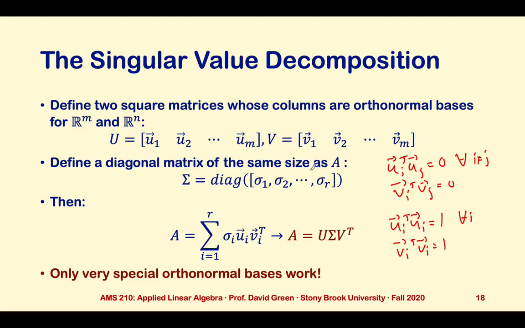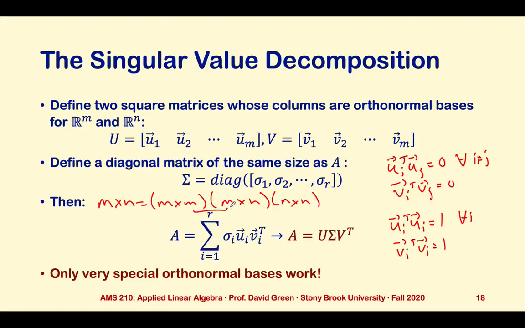We also define a diagonal matrix that is of the same size as A. This is important. The sizes are important. A is an M by N matrix. What we are going to devise is an M by M matrix U, an M by N matrix sigma, and an N by N matrix V.